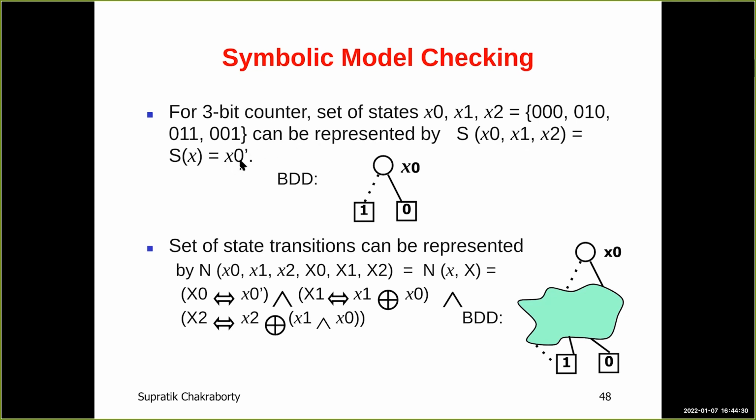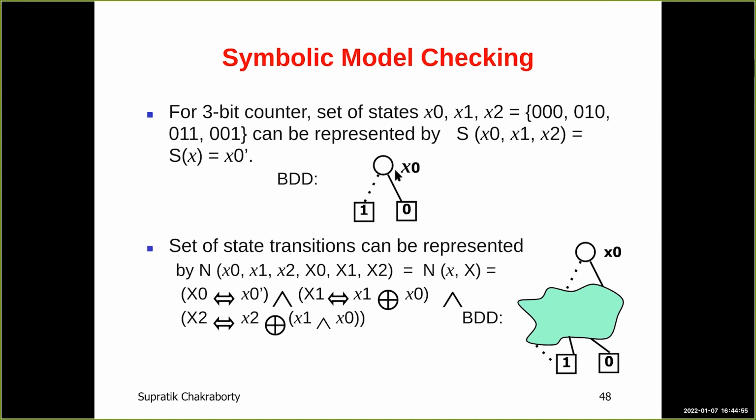For example, if I say x0 prime, then it represents all valuations where x0 is 0 and x1 and x2 can be anything. So these are the 4 valuations where x0 is 0 and x1 and x2 can be anything. So this formula x0 prime represents this set of states consisting of 4 states. And I can represent this formula x0 prime, of course, as an AIG or as a BDD.